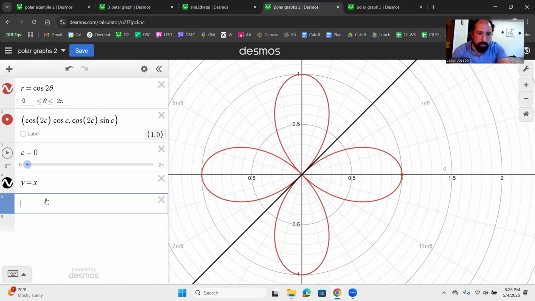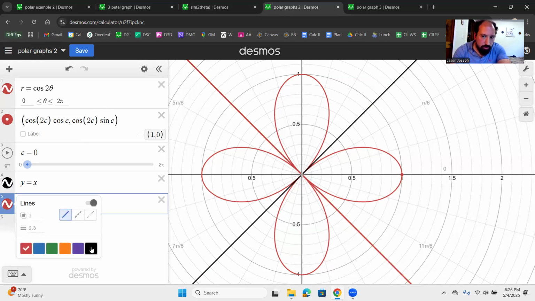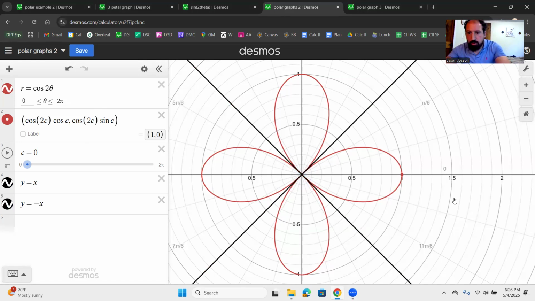So basically we're in between the graphs of y equals x and y equals minus x. Let's make those both black. The way I set up my integral was from minus pi over 4 to pi over 4. That's not the only possible answer, but that would calculate this right loop here.